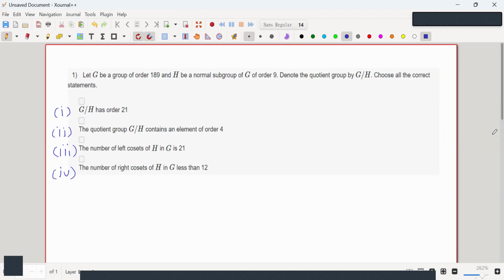Is it true that the order of G by H is 21? Yes, sir. It's just 189 by 9.